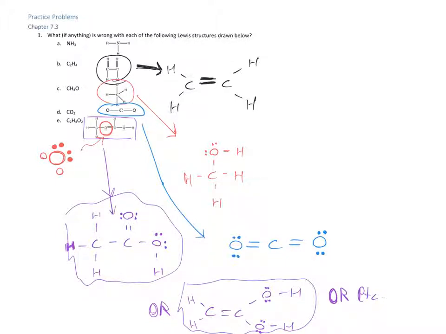The final thing to check is that each element has the correct usual number of lone pairs. That is to say, if we were to draw the Lewis structure for a carbon atom, that carbon has 0 lone pairs. And that oxygen, as we've drawn already and will draw again, should have 2 lone pairs.